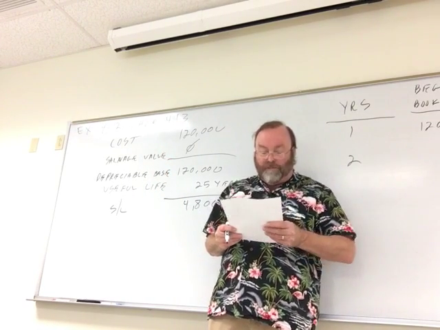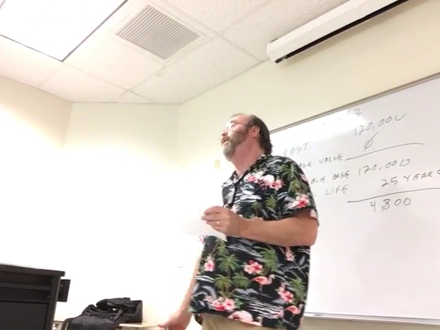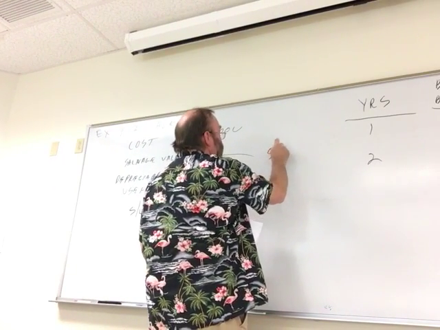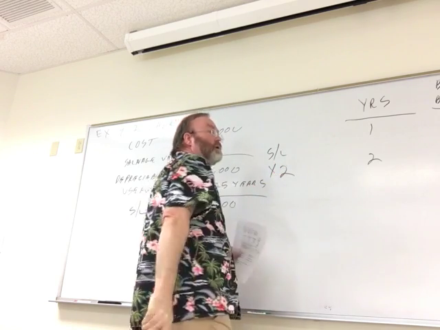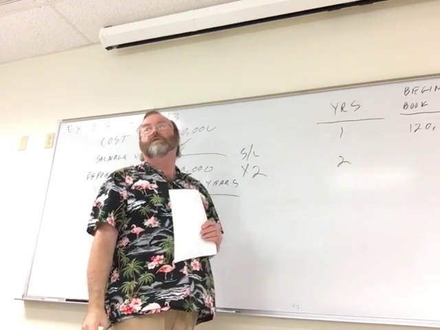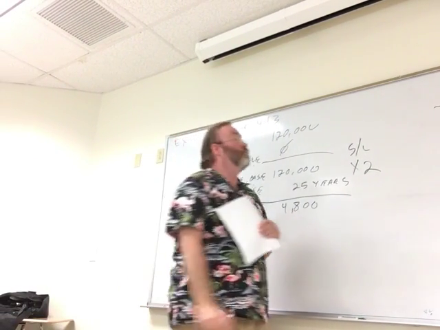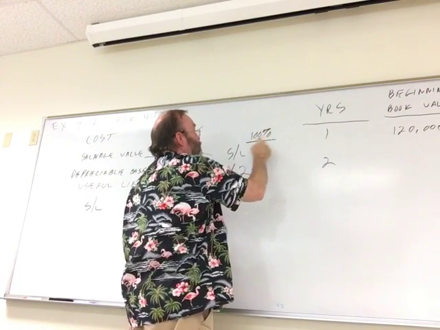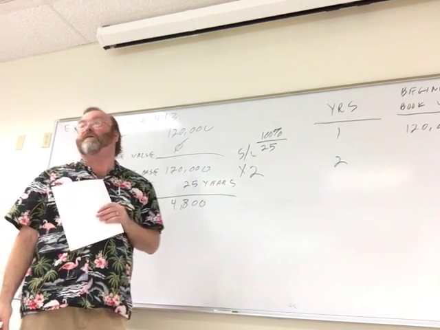You're then going to multiply this by a double declining rate. The rate is the straight line rate times 2. The straight line rate is 100% divided by the useful life, which in this case is 25.